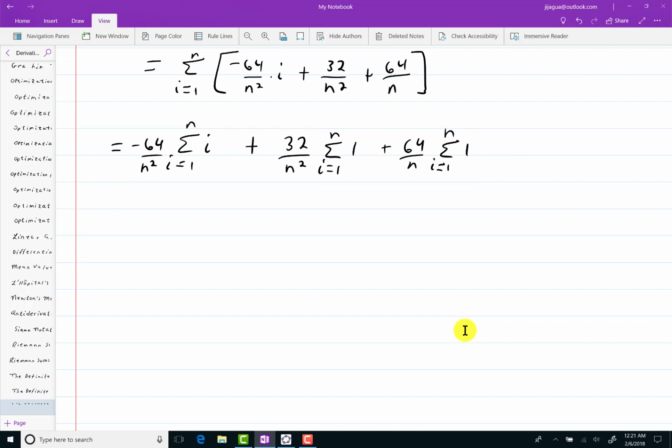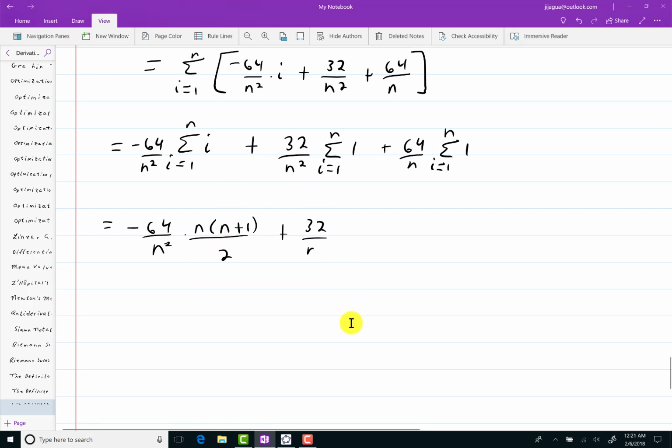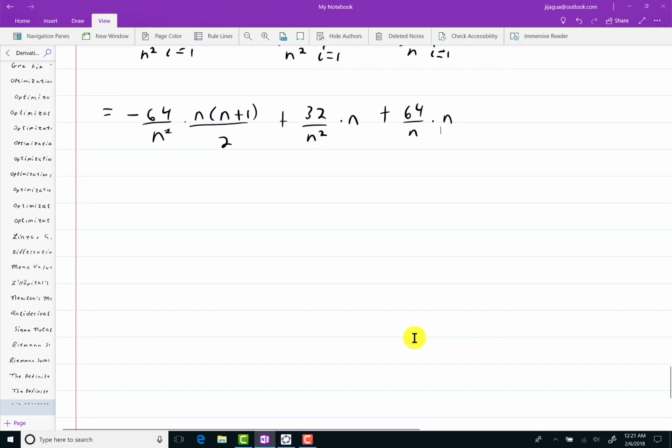Alright, let's see what we end up with then. I have negative 64 over n squared times n plus 1 over 2, plus 32 over n squared times n, plus 64 over n times n. And let's simplify where we can. I can take these out of here.